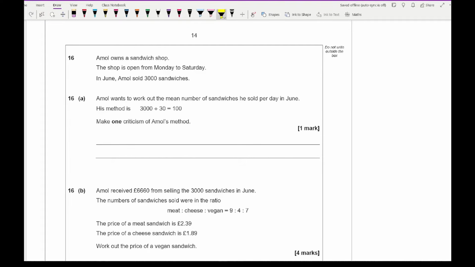Well, the problem is that we're not looking at the whole week, we're looking at 6 days, and he has clearly used every single day in June.